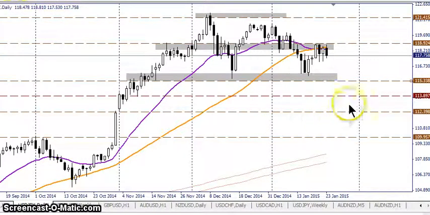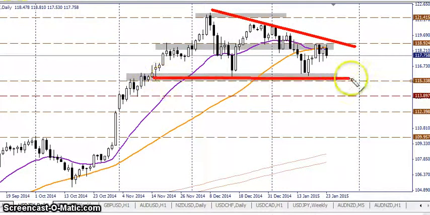The other thing I want to point out to you is that you can see we're making successive lower highs. This is a lower high. If we look back, this is a higher high. This is a lower high. Here we have another lower high again. So you can see, if I'm drawing a downtrend line, the highs are getting lower and lower, and yet the support here is basically being confined to this area.